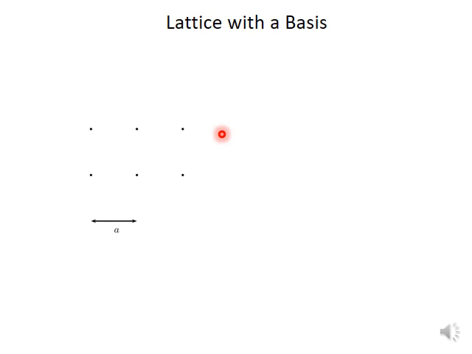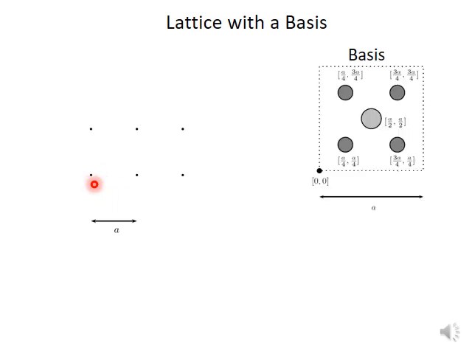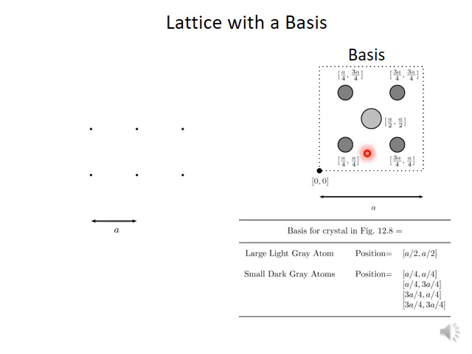And this you can easily identify as a Bravais lattice pattern with a lattice spacing given by a. So I take a specific lattice point as a reference, and define a basis with respect to that lattice point which I label as 0, 0. And the basis consists of 5 structures, four dark gray circles and one light gray circle, positioned at specific locations.